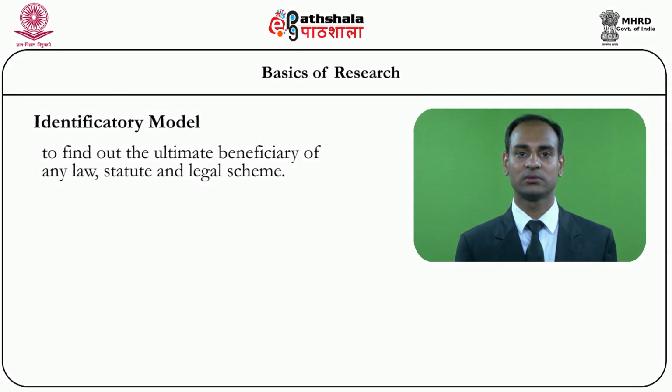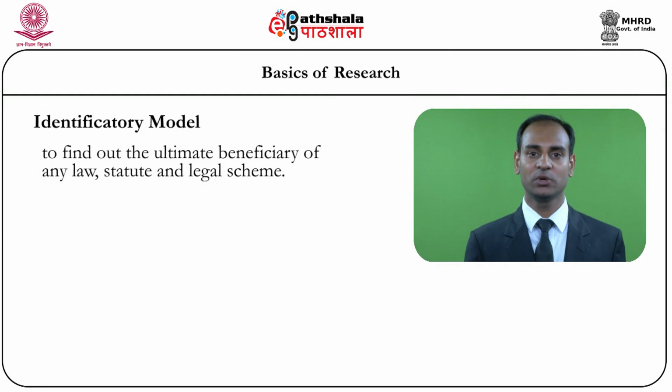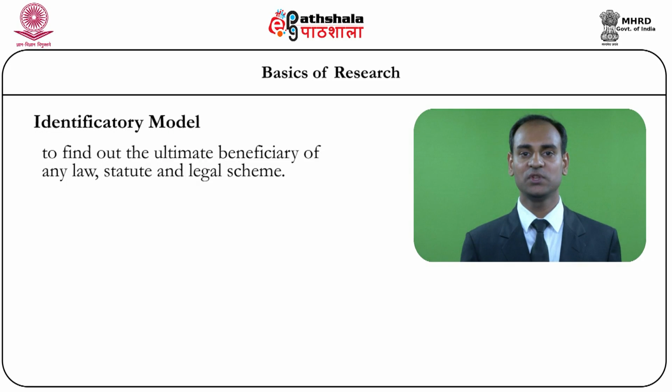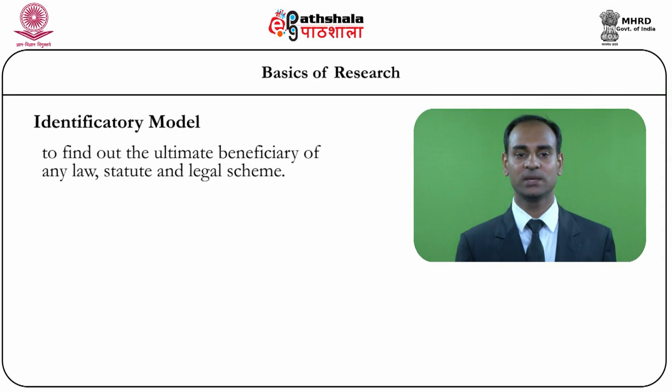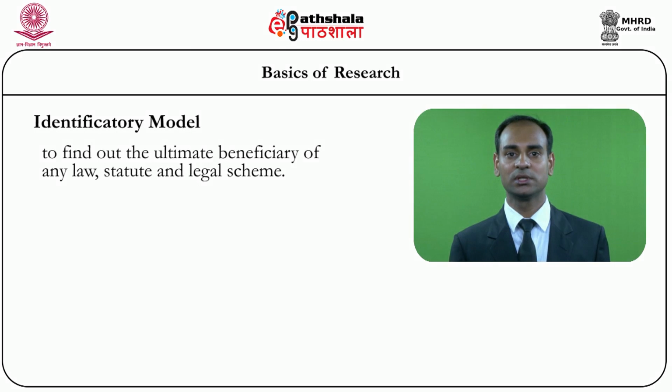If any law has been enacted with a certain objective and its objective denotes that a certain class or group is the beneficiary of this legislative scheme, the purpose of the researcher is to check whether this legislation is actually serving the stated objectives or not, or whether there is any other person behind the curtain who is the beneficiary of these provisions and schemes.